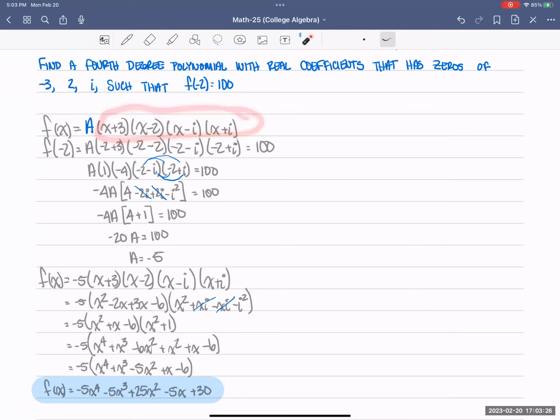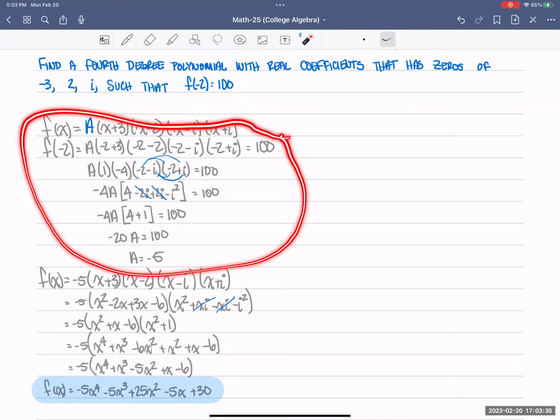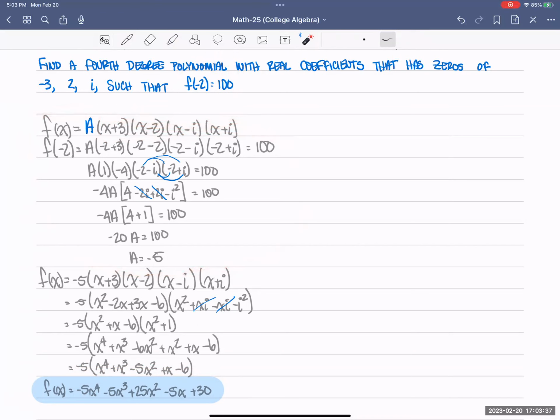That's literally what we had here, such that f of -2 is 100. We've set a random variable in the very front to give us exactly what we wanted. And there we go. If you have any questions, please feel free to ask. Otherwise, bye.